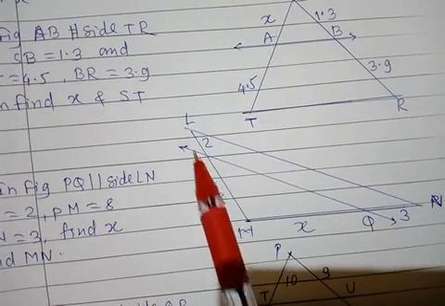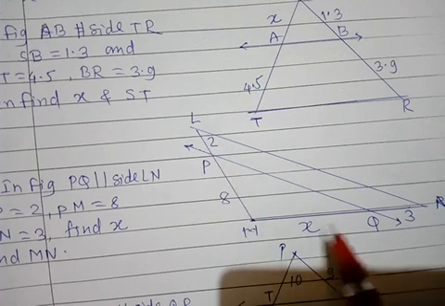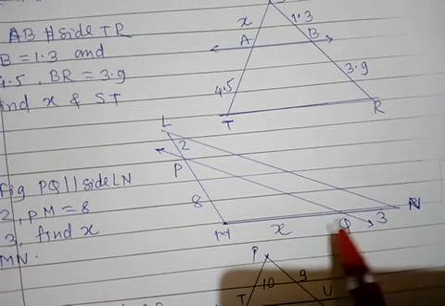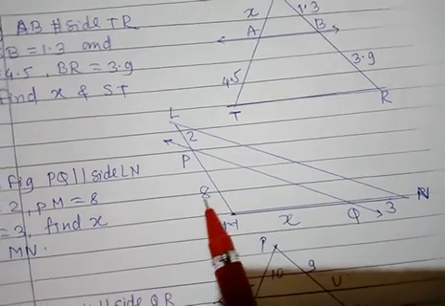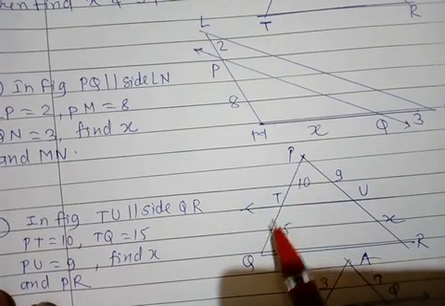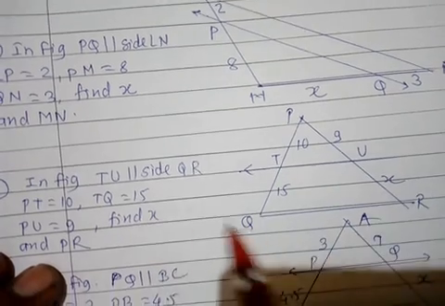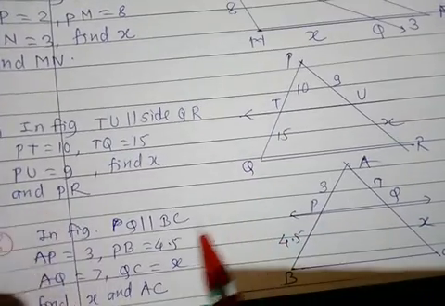Here also LP by PM equals NQ by NM, take cross multiplication. Here also PT by TQ, PU by UR, put the values, take cross multiplication.